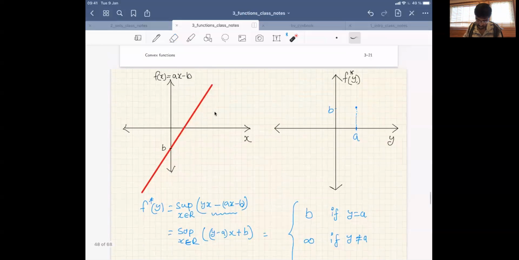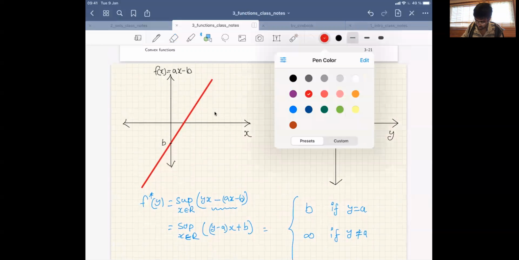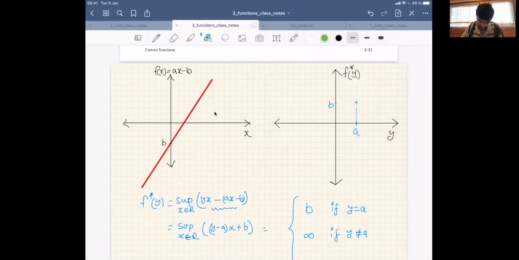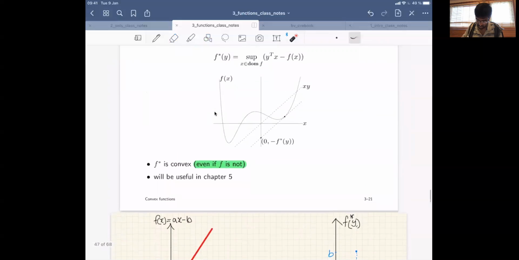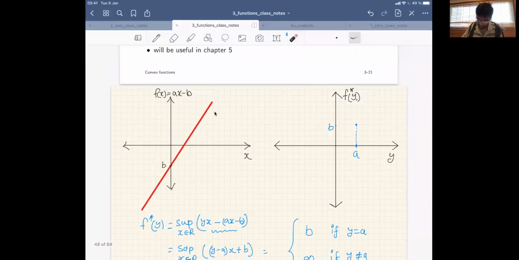Now, how can we see this graphically? Let's take this function. So we have this function here. Okay. So now what we have to do is draw a line through origin. Okay.